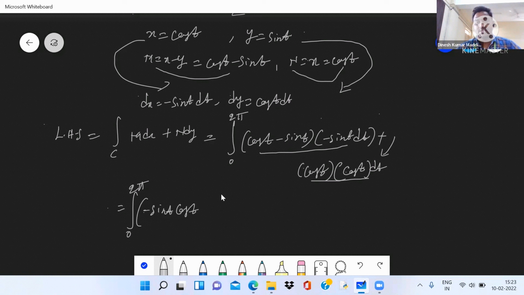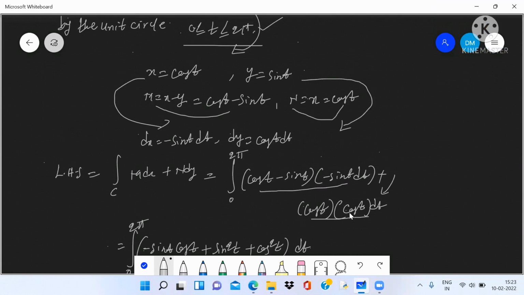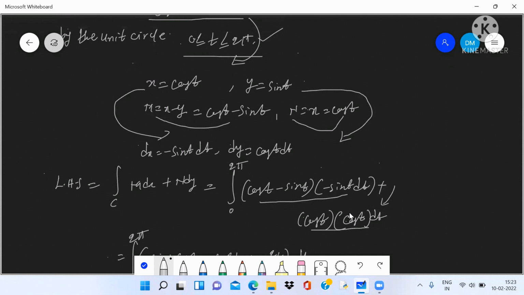Here minus sin t into minus sin t gives plus sin square t, plus cos t into cos t, cos square t, dt writing outside. Then if you observe, sin square t plus cos square t, what will we get? 1.